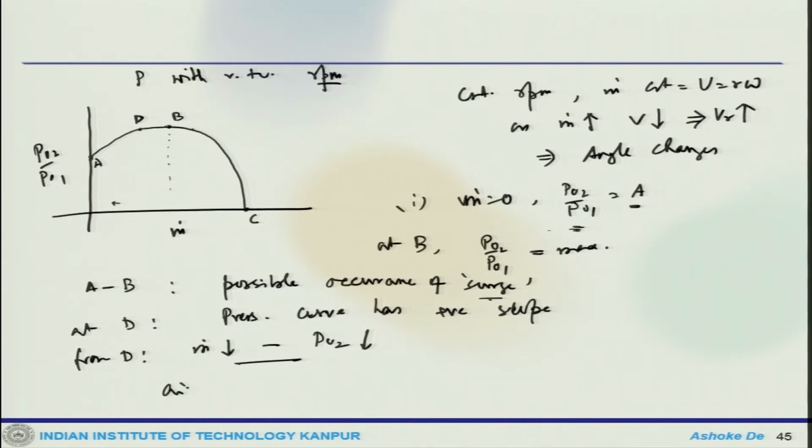So, air reversal takes place, okay, and starts to flow towards the compressor outlet. So, the pressure ratio drops rapidly.